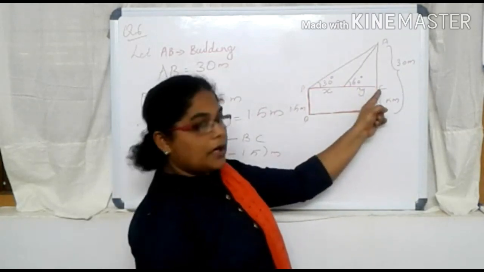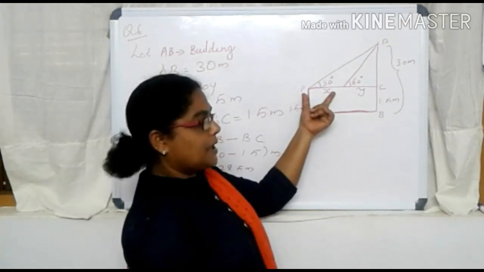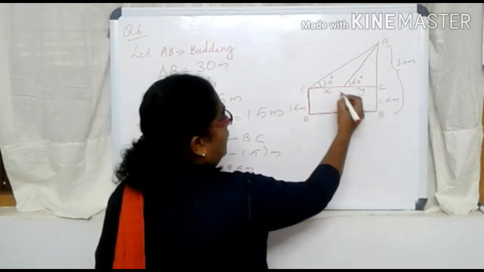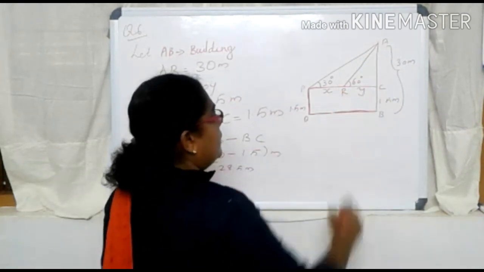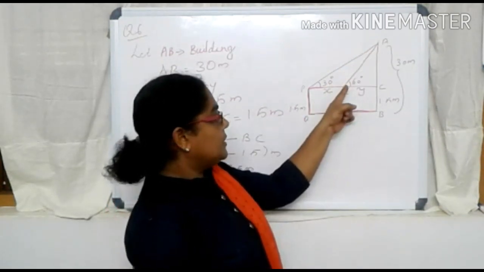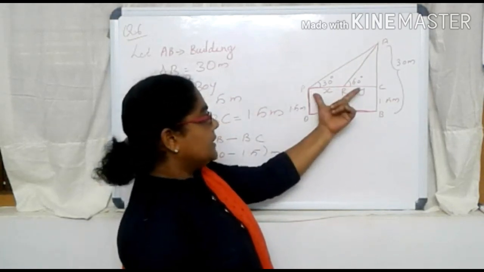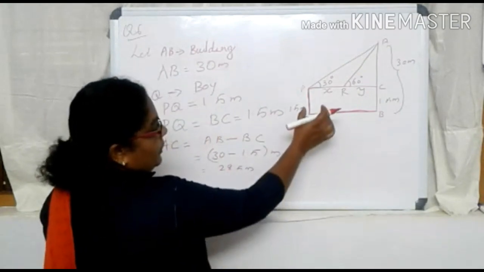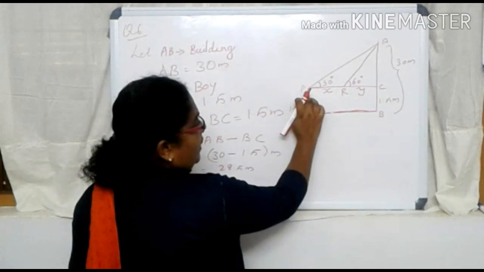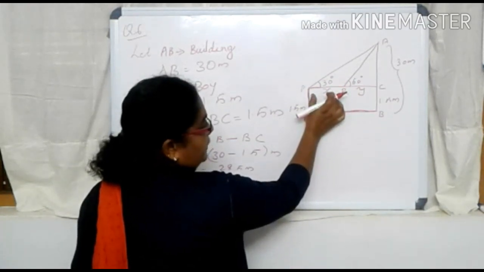After some time, the boy reaches the place of R, and from the position of R, the angle of elevation of the top of the building is 60 degree, as given in the question. So the distance moved by the boy from the place P to R is X. We have taken this as X.